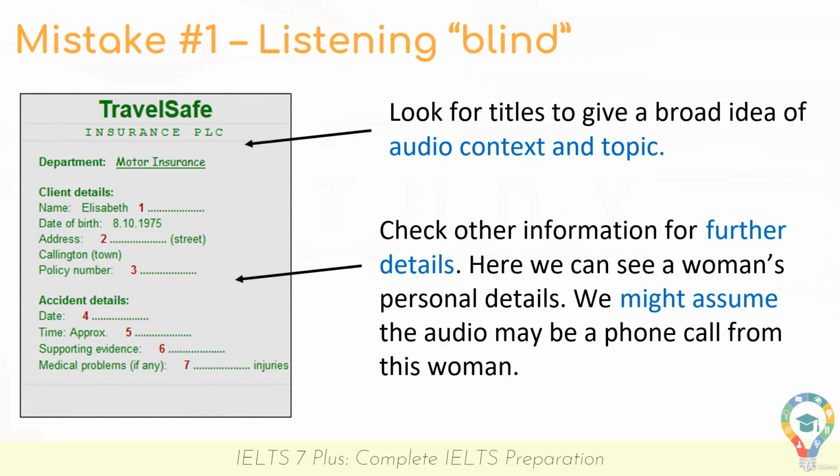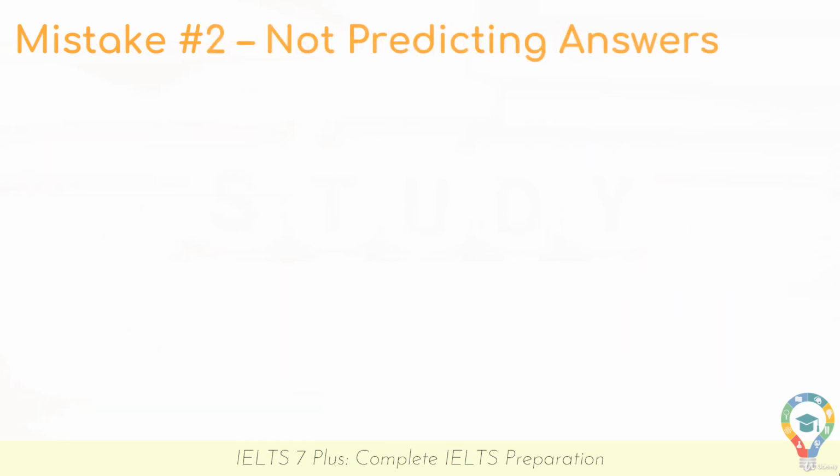I'm definitely more prepared by looking over this information than if I were to listen blind to the audio and then look at the questions. You should definitely make sure that you look carefully at all the information given to you before listening to the audio. So let's go to mistake number 2, which is not predicting answers.